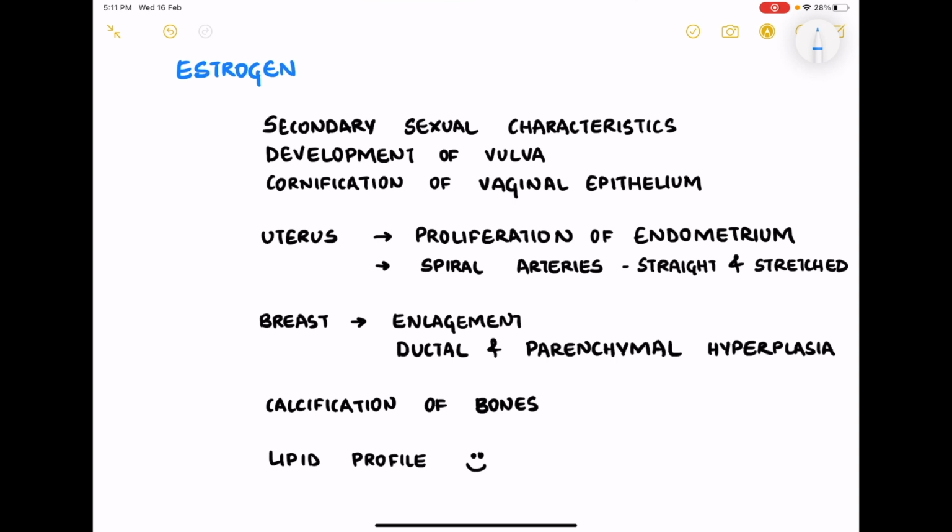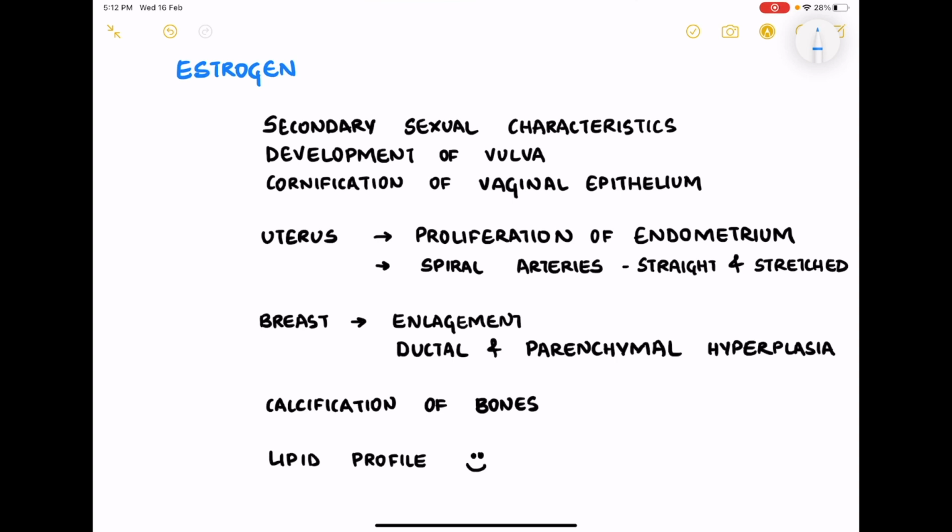On the uterus, estrogen leads to proliferation of the endometrium, and there's myohyperplasia. The spiral arteries in the uterus become straight and get stretched. On the breast, it causes enlargement and leads to ductal and parenchymal hyperplasia. But remember, estrogen does not cause lactation. Indeed, an increased amount of estrogen inhibits lactation.